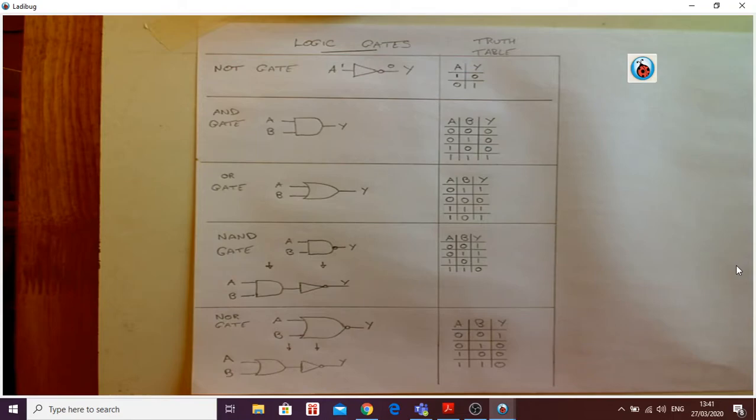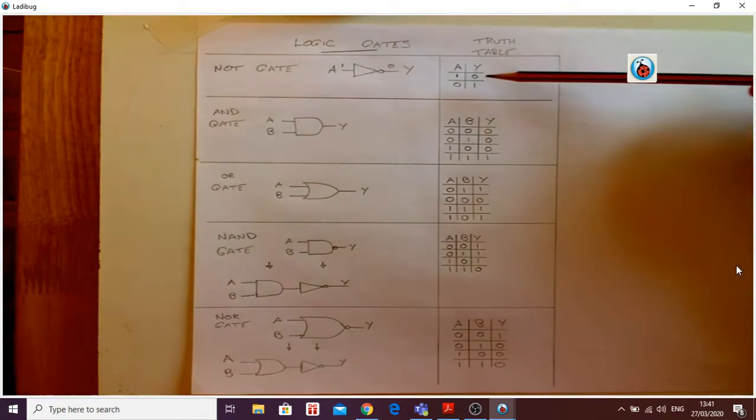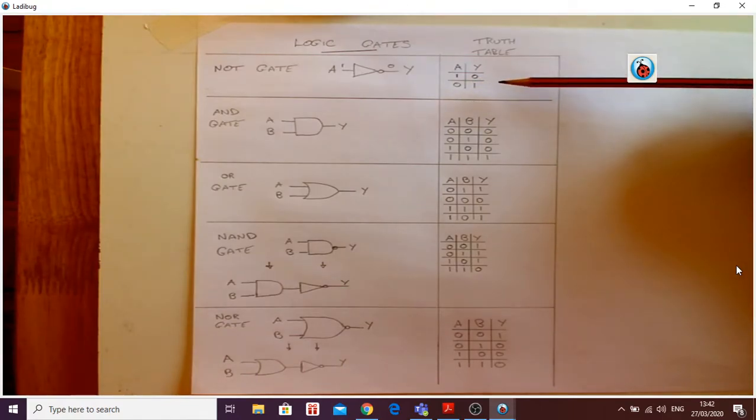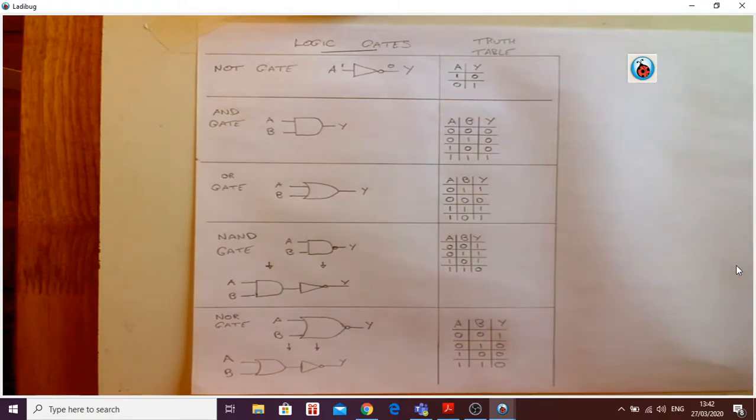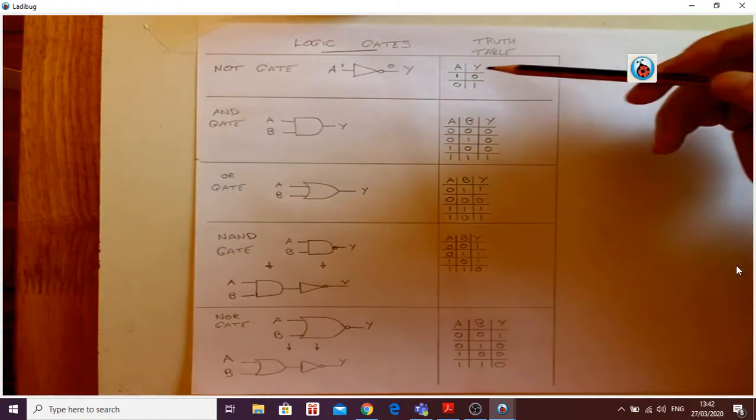The symbols and truth tables for each logic gate are shown over on the page there. A and B are inputs, and the Y columns in all the truth tables are the outputs. We're going to start off with a NOT gate. The output is always the opposite of the input on a NOT gate, so it's an easy one to remember.